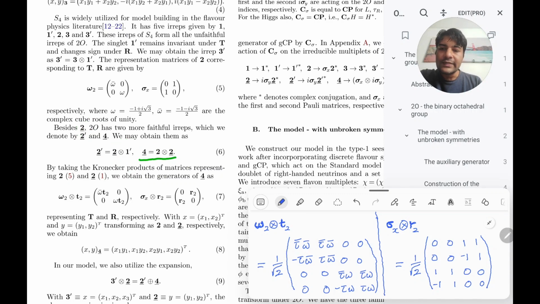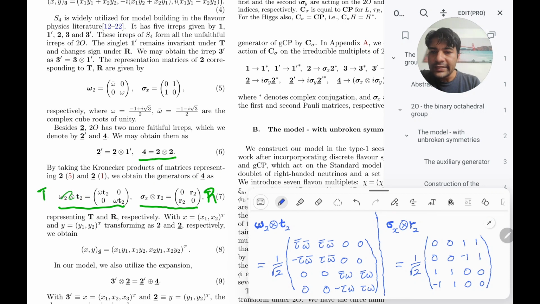The generating matrices of the irrep underscore 4 are given here. The first one corresponds to T and the second one corresponds to R.